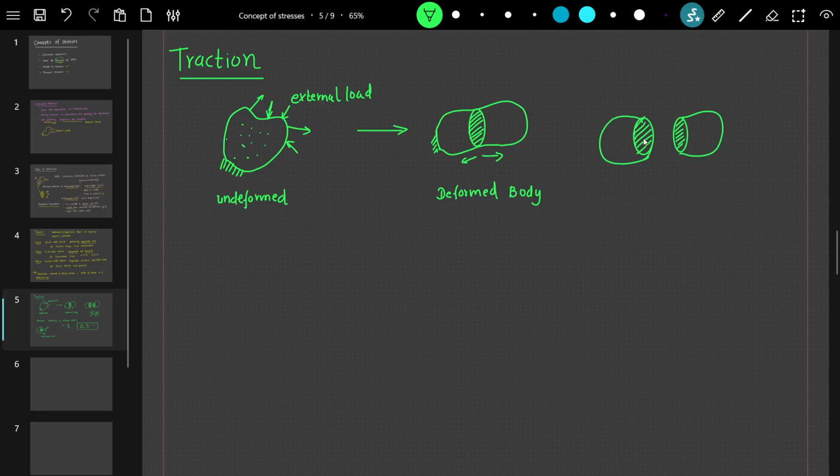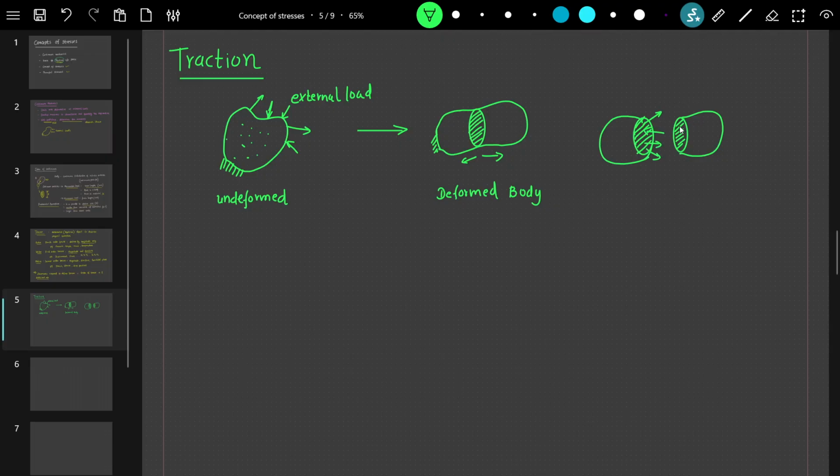When we take this section, as we know, all the points in the body resist and generate internal forces, right? So if we take the section here, we'll get some forces at each and every point.